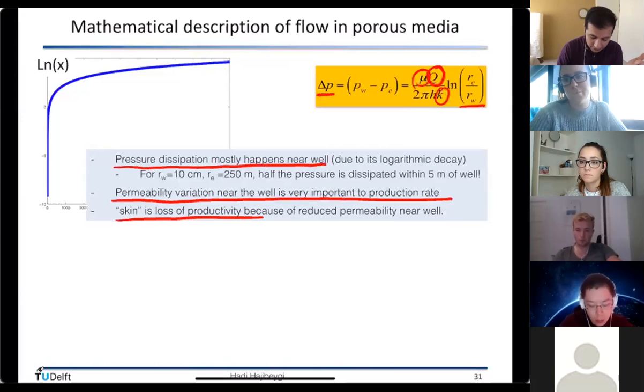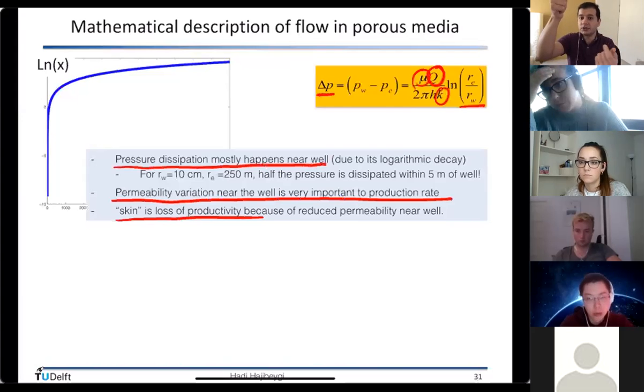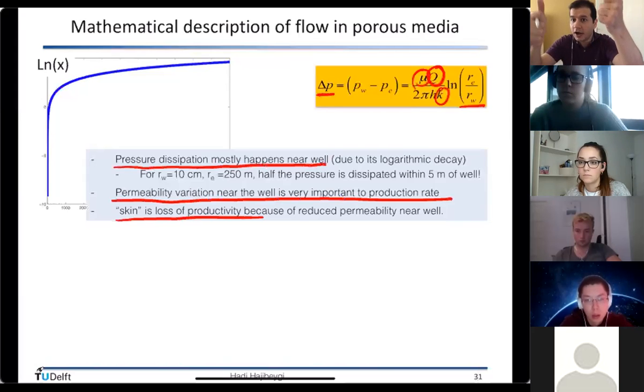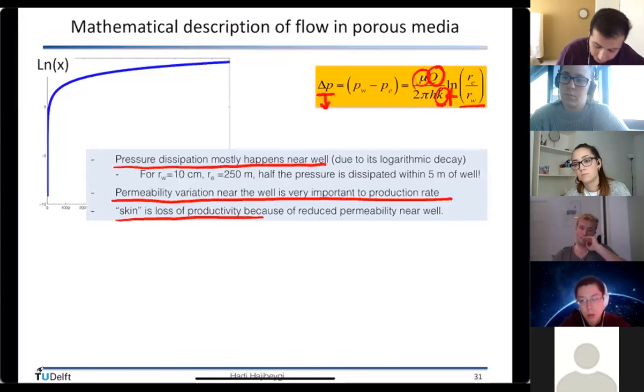Darcy's law with mass conservation would give you already the pressure dependency with respect to radius location and productivity rate Q and so on. If you have a higher productivity rate, you would have a higher delta P. If permeability is very high near the well, since permeability is in the denominator, you need a smaller delta P to keep the same flow rate.